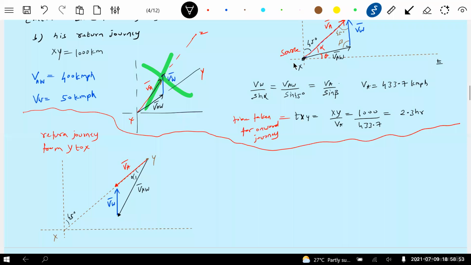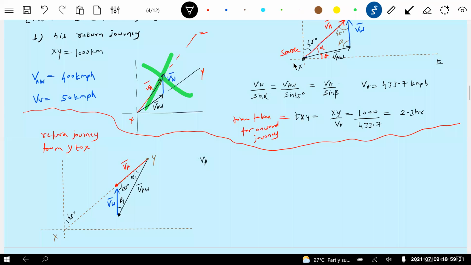How much is this angle? Anybody? This angle is 45. This angle is 45. What can be this angle? 135? Yeah, it should be 135. I also improved a lot by teaching you guys. Then the remaining angle, which we don't know, call beta 1. Let's get into the sine rule again.